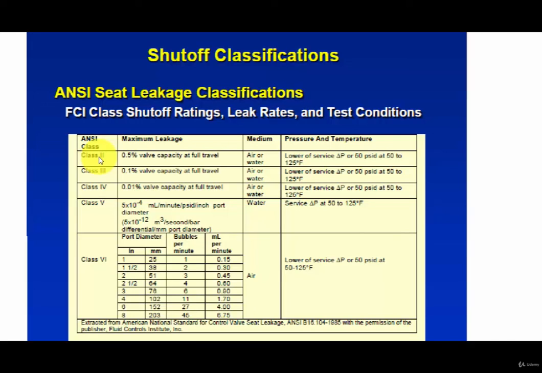This class is also very important, because if it is a severe class 5 or 6, there are special requirements of lining and other things. Material is like that. So it depends on the process requirement. Just like that, you cannot select the class. It will be costly also depending on the leakage class. So you should be very careful while selecting the ANSI class, leakage class.